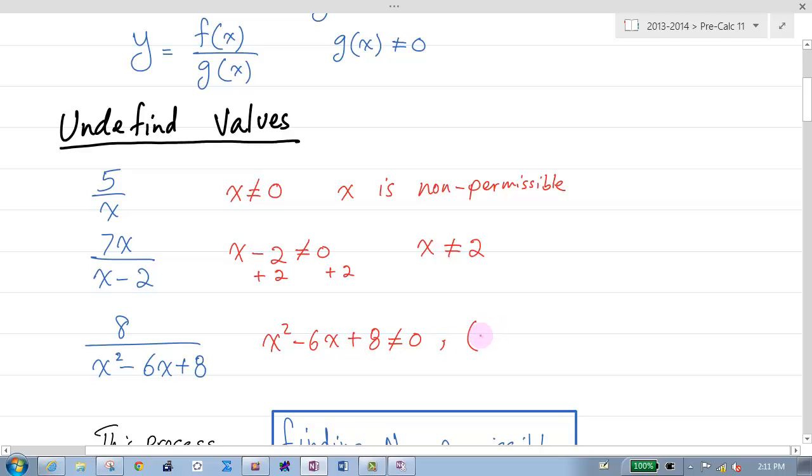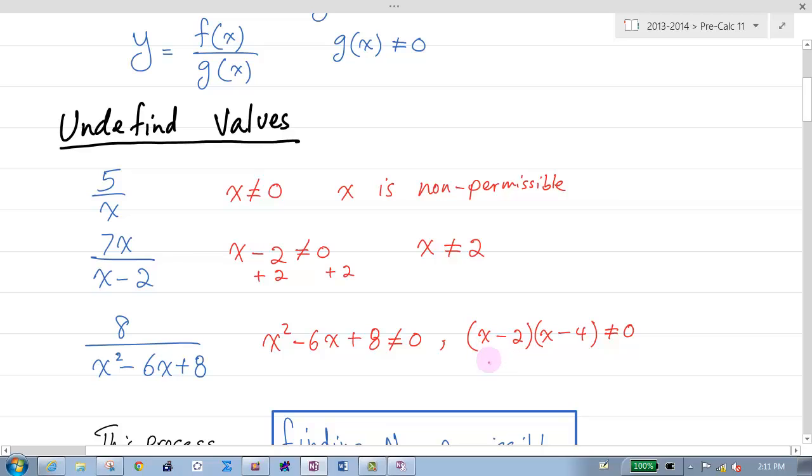If I factor this expression, I get two numbers that multiply to make positive 8 and add up to make negative 6. So it would be negative 2 and negative 4. This product cannot be equal to 0. I'll solve it just like any basic equation.